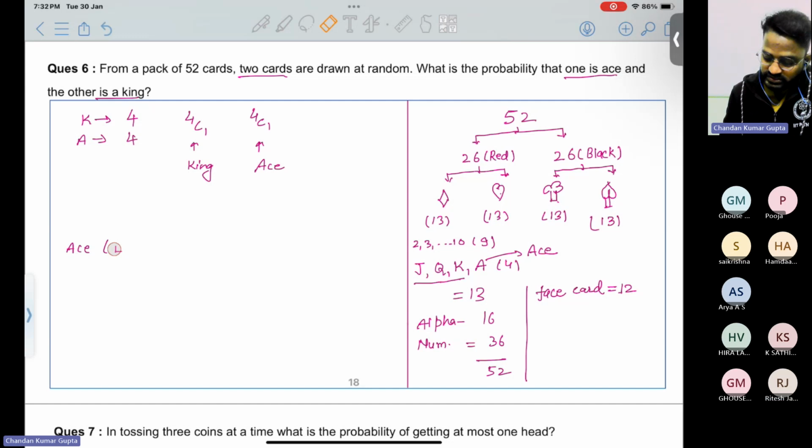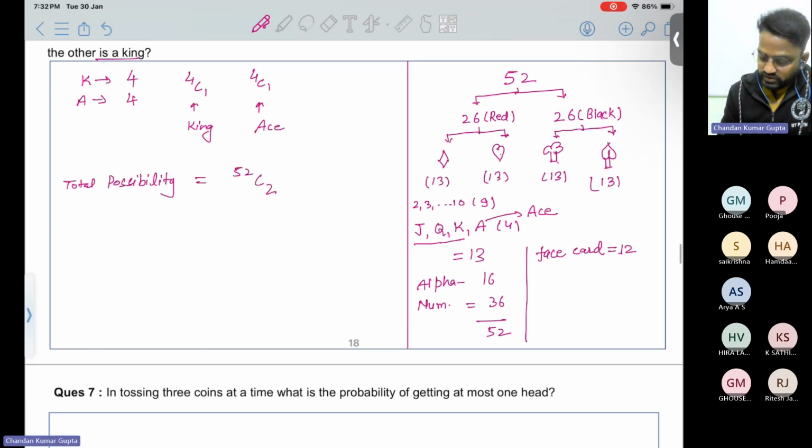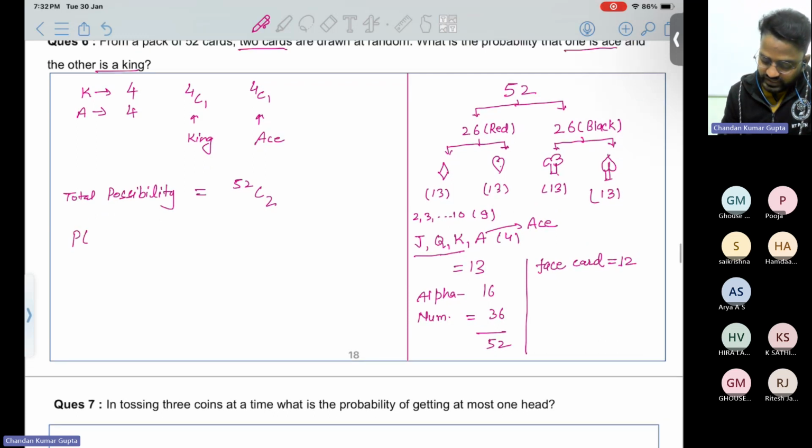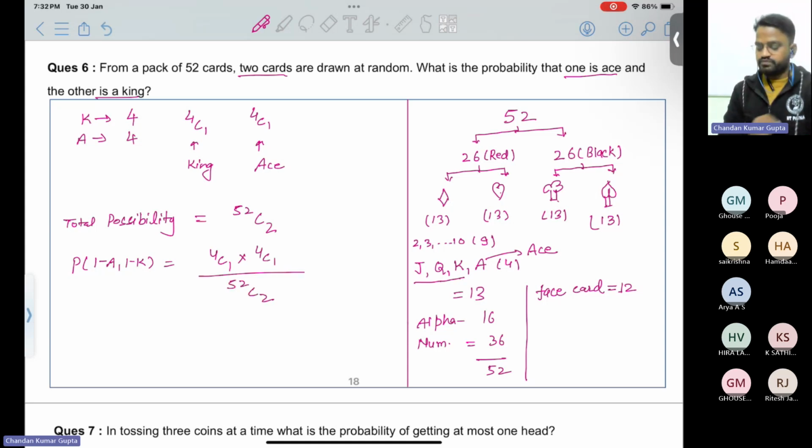And what is the number of ways to draw two cards from a deck of 52 cards? 52C2, exactly. Total possibilities 52C2. Okay, so the probability of getting one ace and one king is 4C1 into 4C1, whole divided by 52C2.